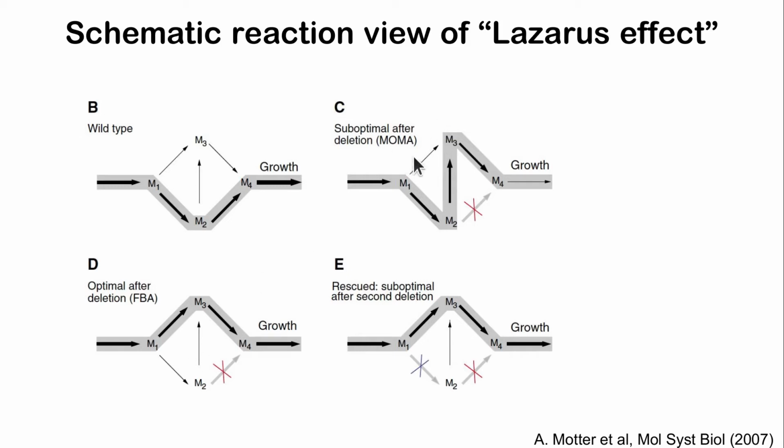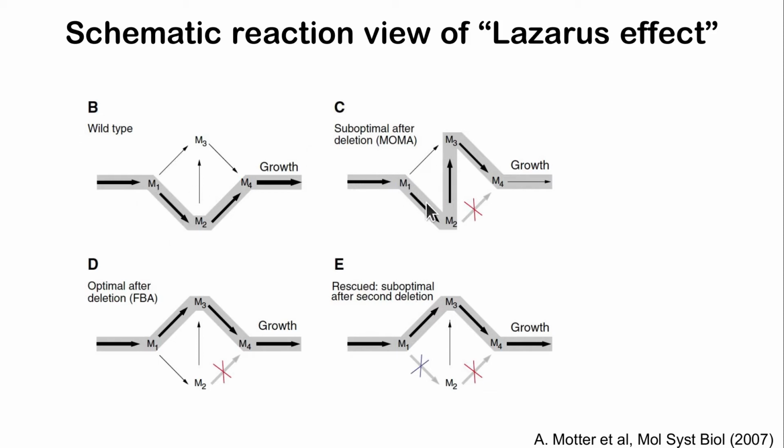Meanwhile, if we run MoMA, MoMA doesn't care about efficiency. MoMA just wants to modify as little as possible. So instead of switching, both this flux and this flux here will be knocked out because that is our constraint, so the MoMA problem has no choice, but this one can be maintained, and so MoMA will try to do that.